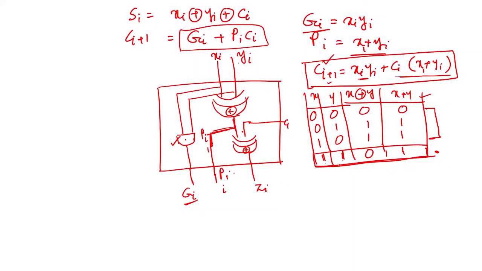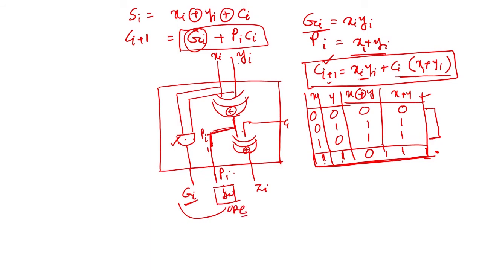But this is not required while computing C I plus 1, because when x I y I is 1 1, you will automatically get the value from the G I. Then you should generate one AND gate and then an OR gate, and then you do the operation.